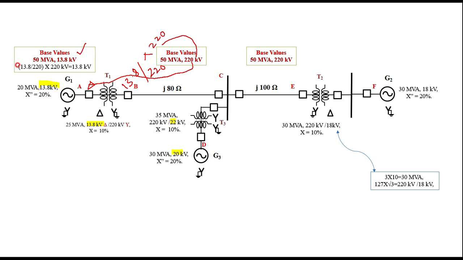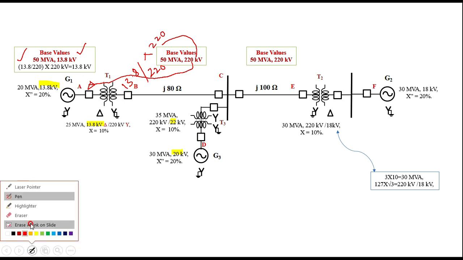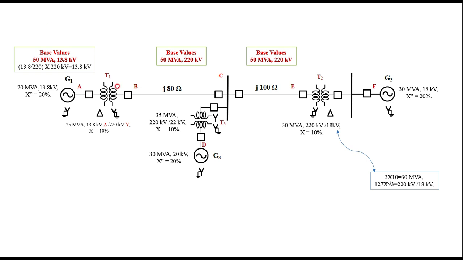The same thing I have written here: 13.8 divided by 220 multiplied by 220, that is 13.8 is the base quantity I am getting in the generator circuit 1. You have to take the transformer ratio, because we are moving from this side to this, therefore 13.8 divided by 220 multiplied by 220, so that I am getting 13.8.